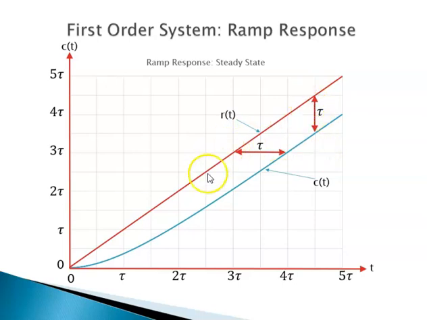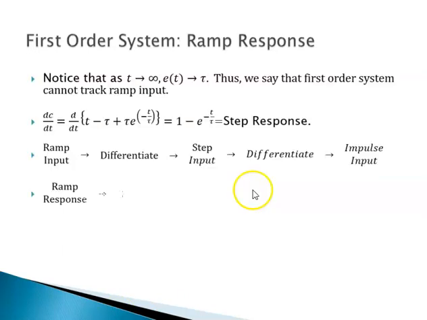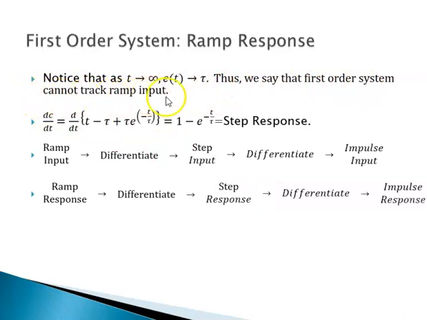So this output lags by 1 time constant, and that is what we say here. We say that the first order system cannot track ramp input.